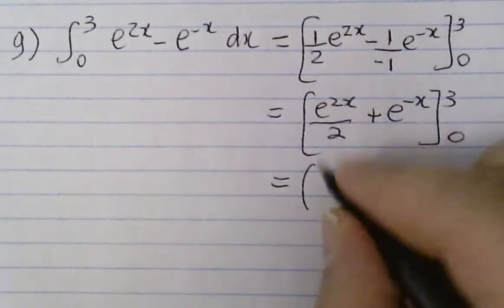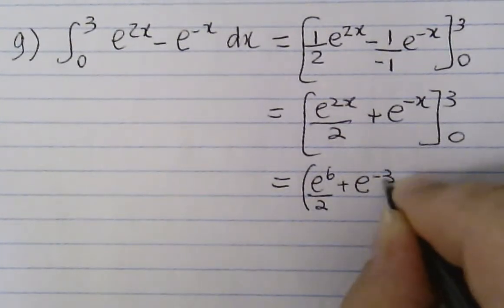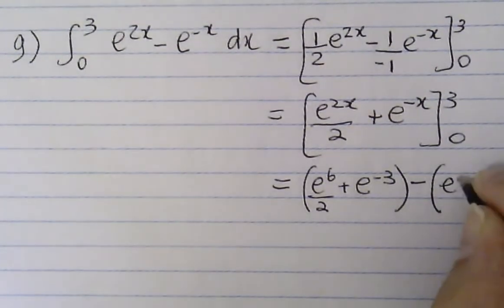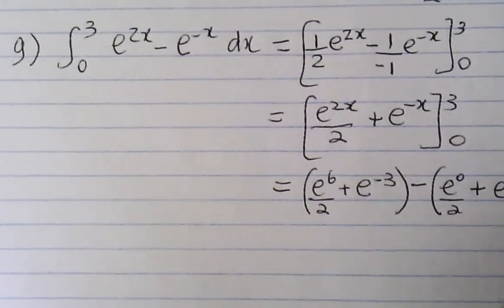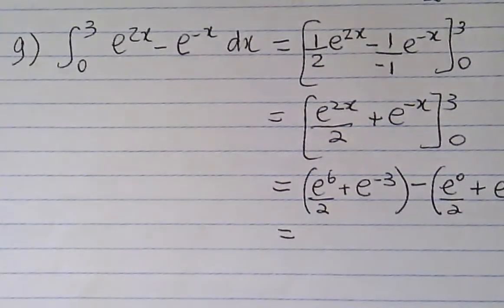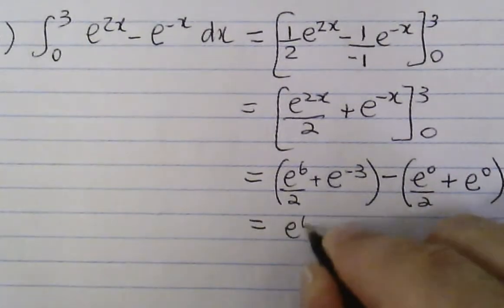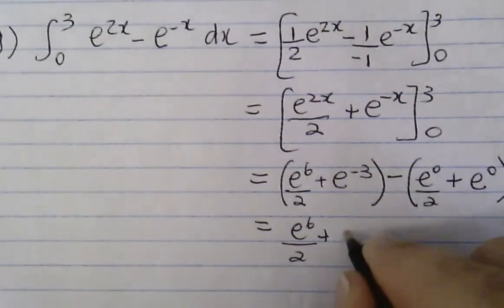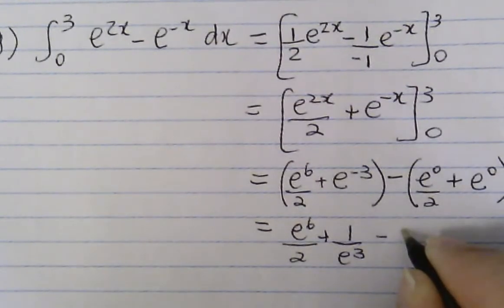e to the 6 over 2 plus e to the negative 3 minus, what's e to the, I'll just go e to the 0 over 2 plus e to the negative 0, which is the same as e to the 0. What does e to the 0 equal? 1. So we've got e to the 6 over 2 plus, instead of writing e to the negative 3, how should I write that? 1 over e cubed minus what?